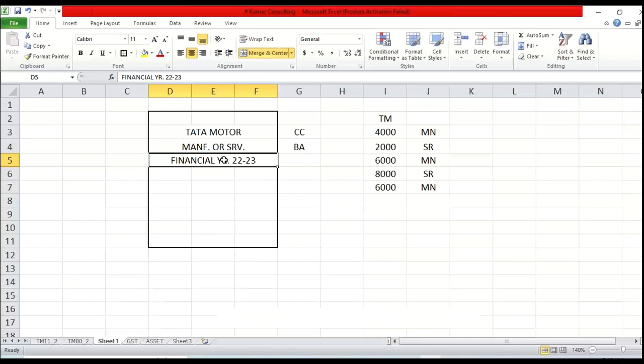Financial year 22, or generally the financial year may be a calendar year or a non-calendar year; we'll see that. The next question is, this transaction belongs to which financial year, and again from which period?